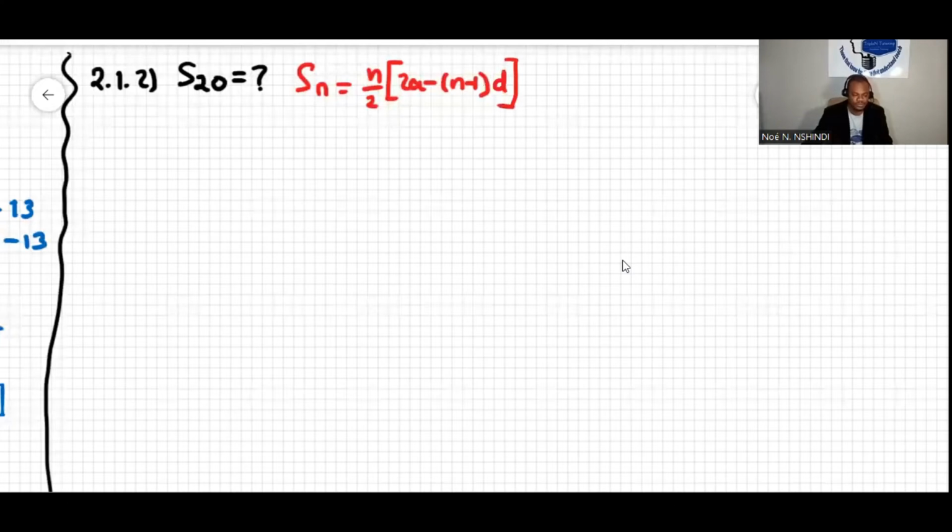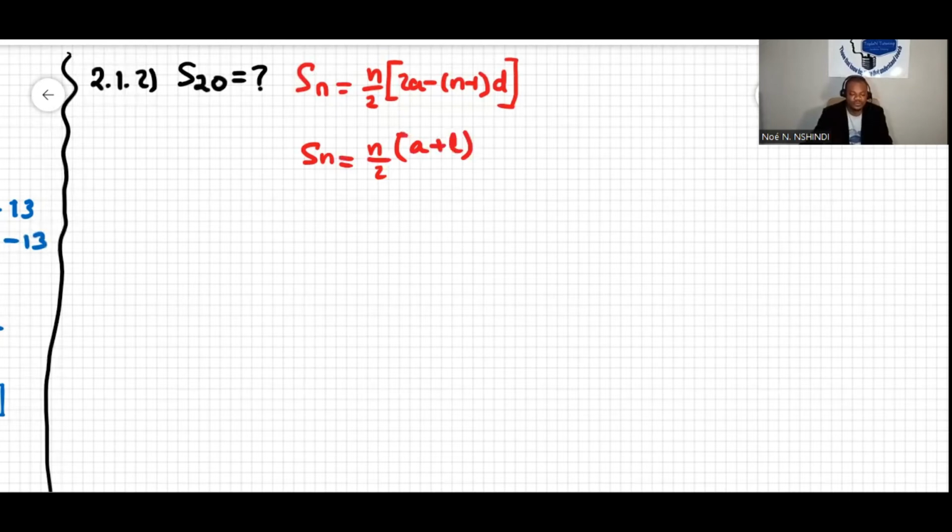Or you can also use Sn equal to n over 2, open brackets, L plus A, or A plus L. It doesn't matter, but I prefer to say A plus L.